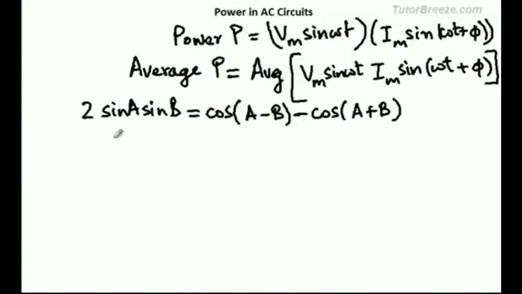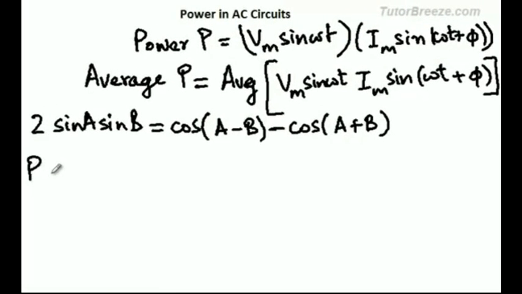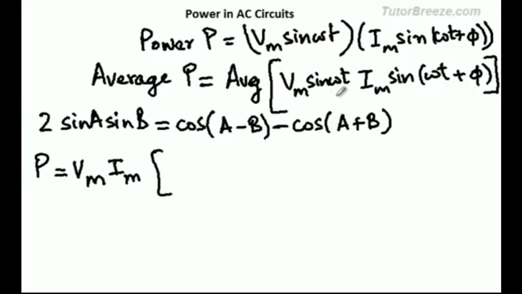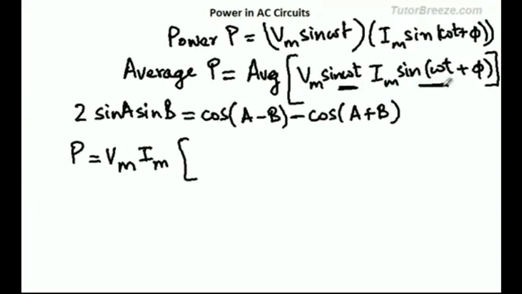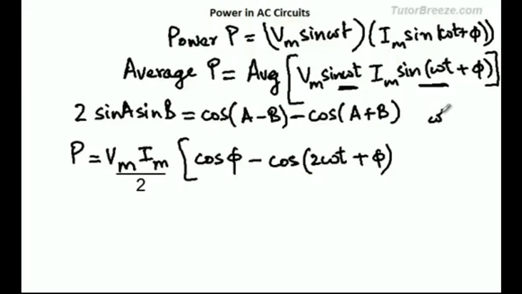We use this identity and write power as Vm Im over 2 times, combining these two terms, cos phi minus cos(2 omega t plus phi), where we've taken omega t as A and omega t plus phi as B and put this into the formula.